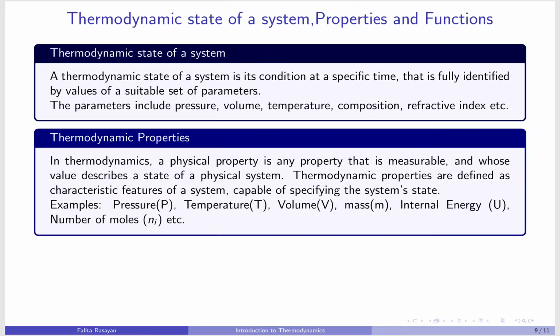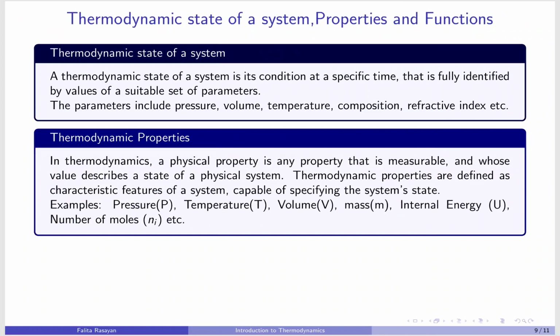Then what are thermodynamic properties? What are the properties of a system? In thermodynamics, a physical property is any property that is measurable and whose value describes a state of a physical system. So we have to express the state of a system via some measurable parameters.